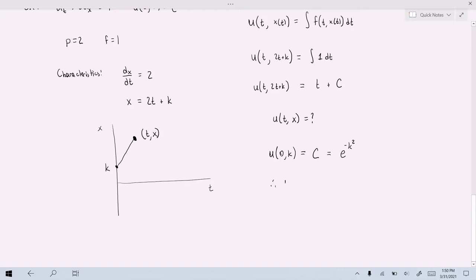So what we can say right now is u evaluated along this particular characteristic, which starts at the point (0, k), we know our solution is equal to t plus e to the negative k squared. So now we have a bit more information.